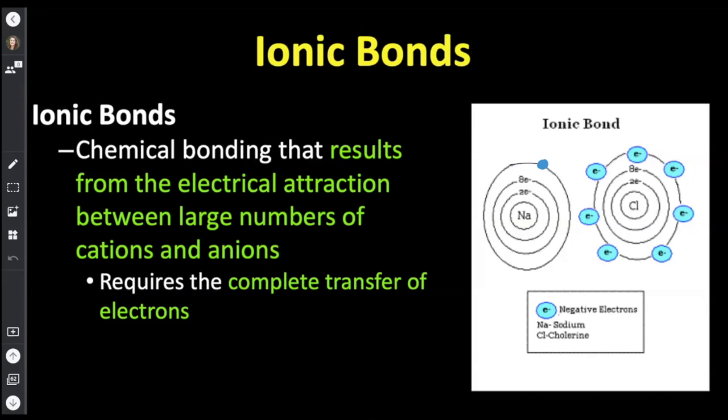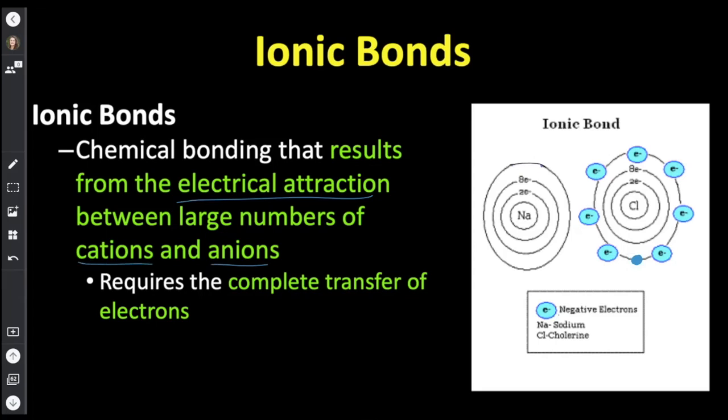Last bit. All right, ionic bonds. Ionic bonds result from electrical attraction between cations and anions. All right, so what happens is your cation transfers that electron over here to your anion.